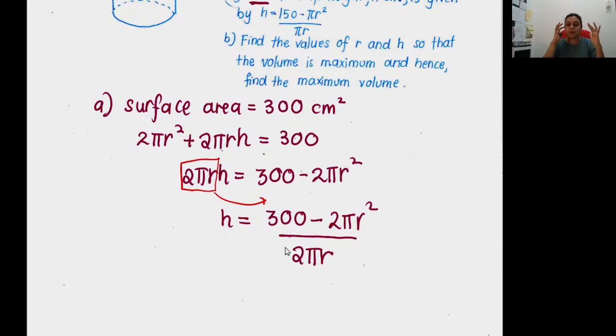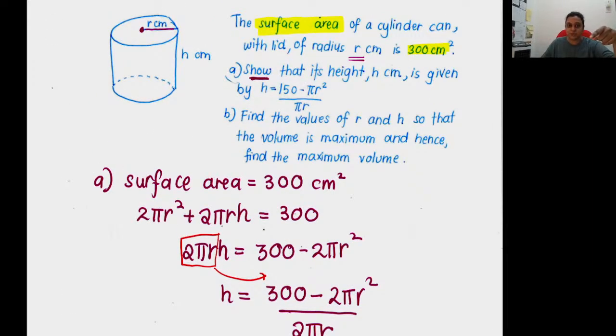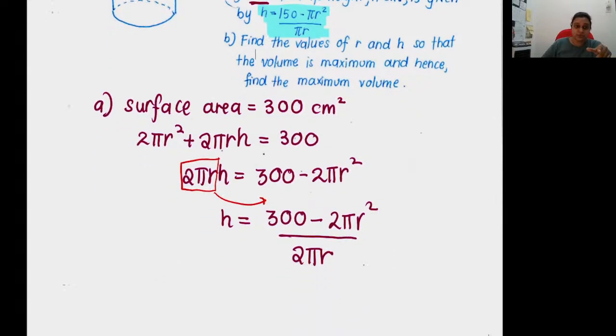Okay, what you can do is, because we want to make it look like the question, right? We want to make it look like this. If you realize there's 150, 300 no more already, so that means the 2 here I must cut for this and also for this.